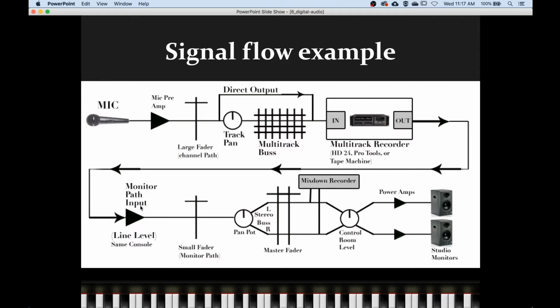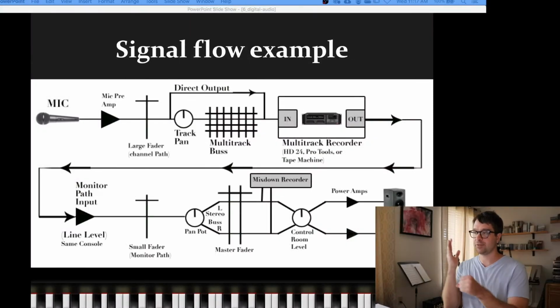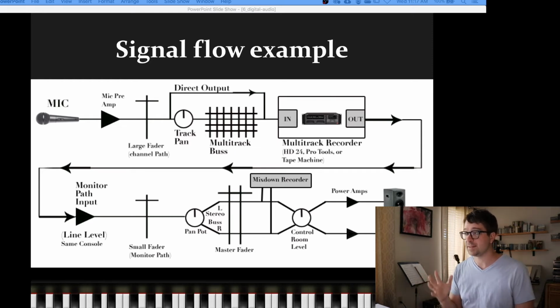Then we go to another amplifier, another fader, master fader, a control room level, another amplifier, and then some speakers. So just to get a microphone to go into speakers, we go through many steps in analog, which can be great. It is not actually a problem, but it could be a problem because we could potentially have noise or some kind of interference in any of these spots. So the signal flow is just a little bit complicated.